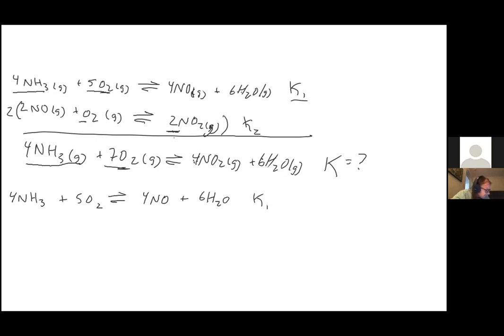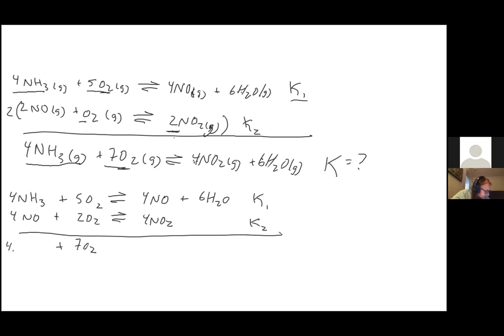Now we're going to have 4 NO plus 2 O2 gives us 4 NO2, and then there's our K2, right? Now see how that works out? We now are going to have 7 O2. That's what we wanted.